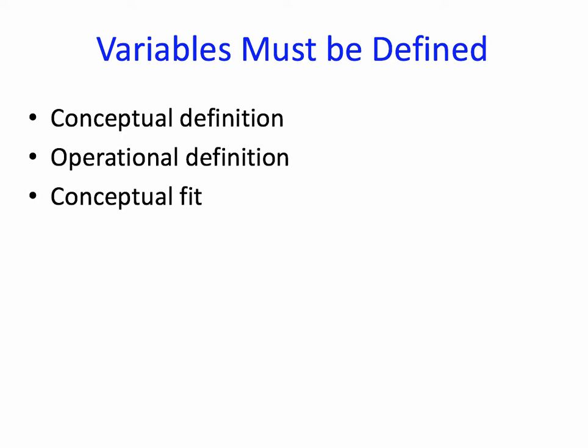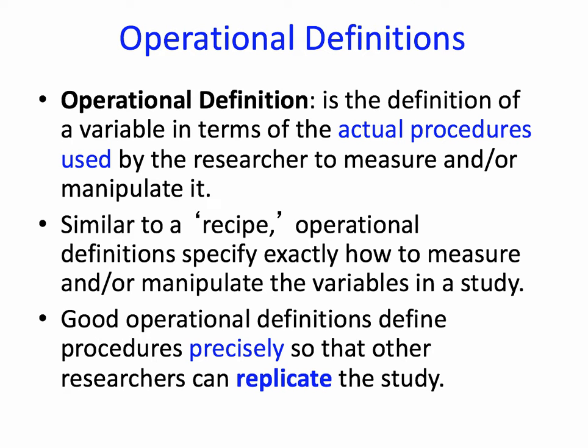So theoreticians typically will go back and reflect to see if those are truly the best items to measure a concept. And Steve Chaffee's explication article is a great article about that. Okay, so operational definition.